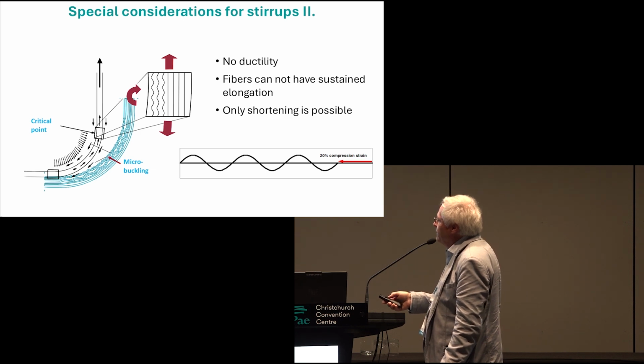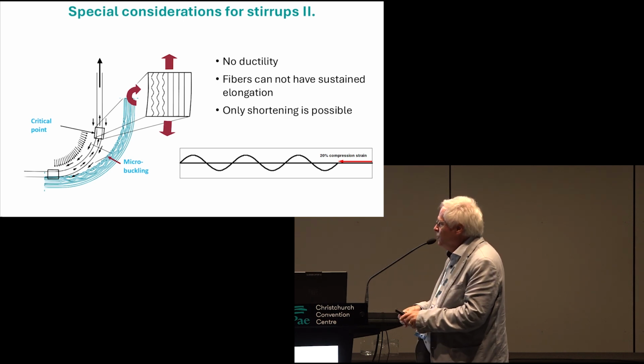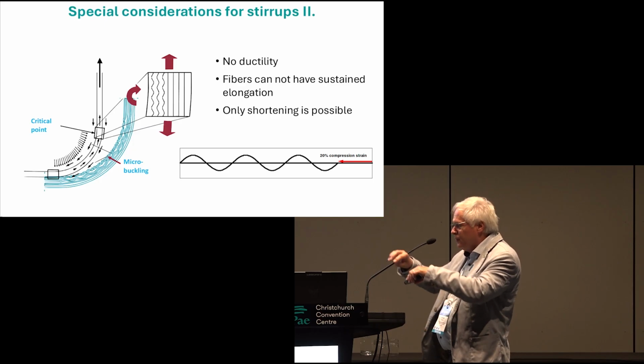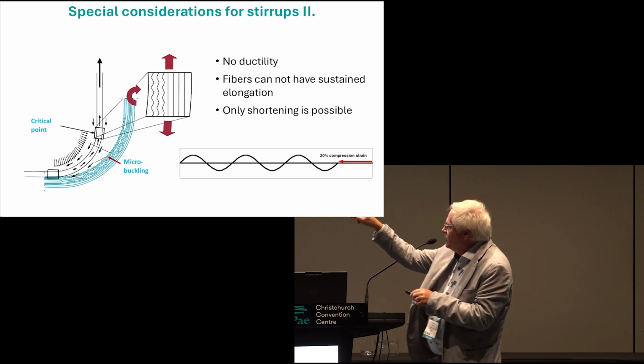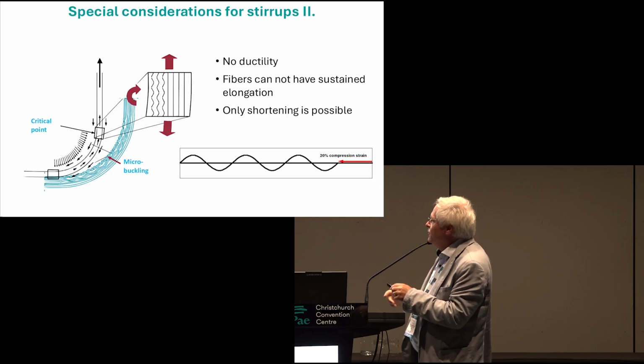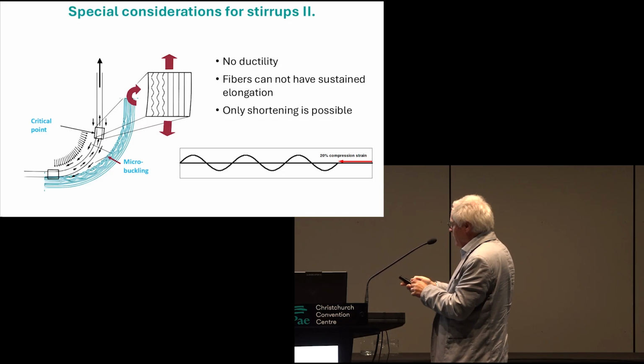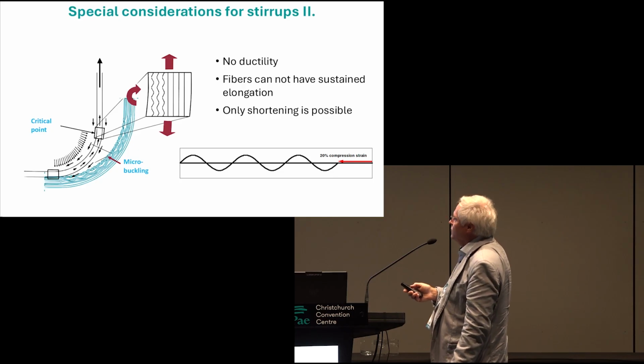And the stirrup looks very ugly if you see it before hardening of the matrix, owing to the differences of the length of the fibers in the bent corner. So this is a real problem.